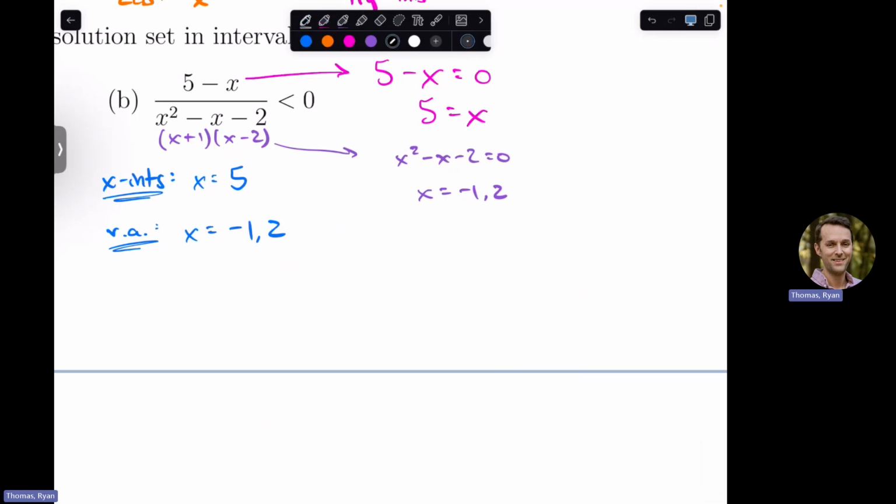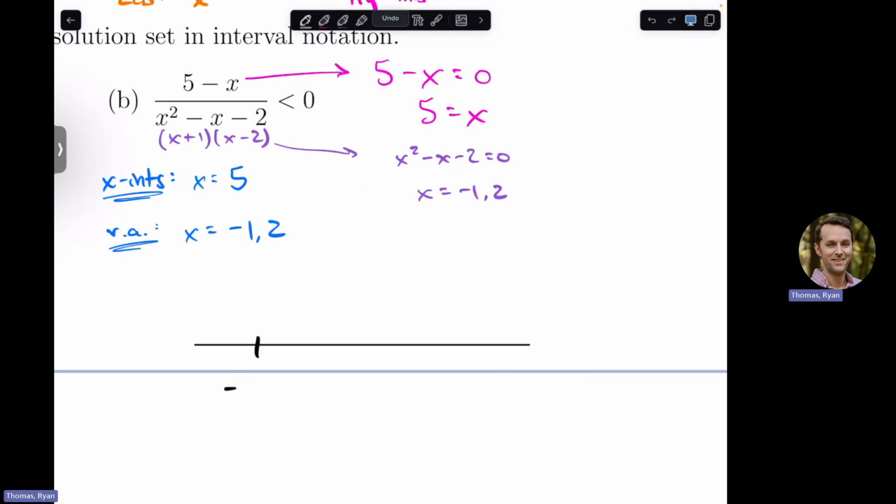Which means we have 3 points to consider to test around: -1, 2, and 5. There's a vertical asymptote here, there's a vertical asymptote here, and then there's an x-intercept here.